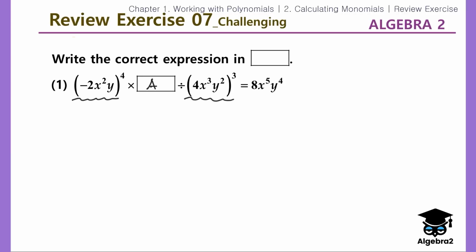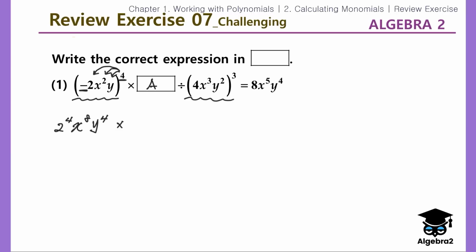So let's do that. Here, negative is multiplied 4 times. Then that's positive, right? So that's going to be positive 2 to the 4, x to the 2 times 4, x to the 8 and y to the 4, right? So that's going to be 2 to the 4 x to the 8, y to the 4.